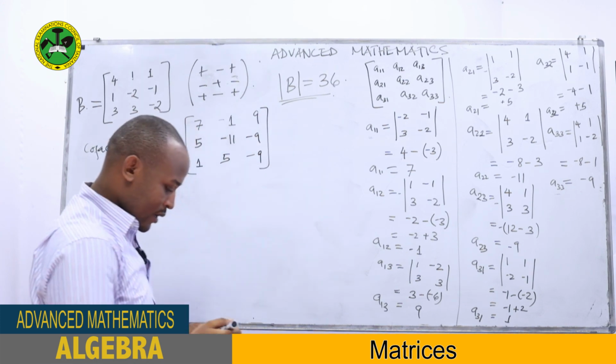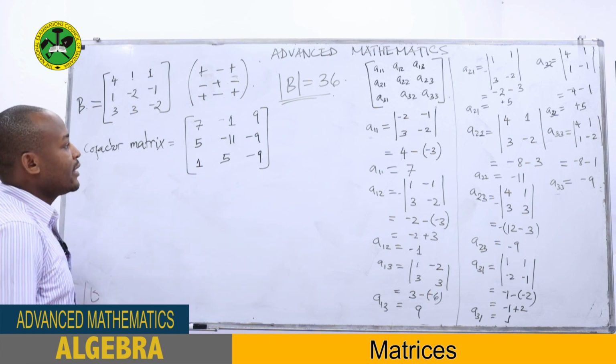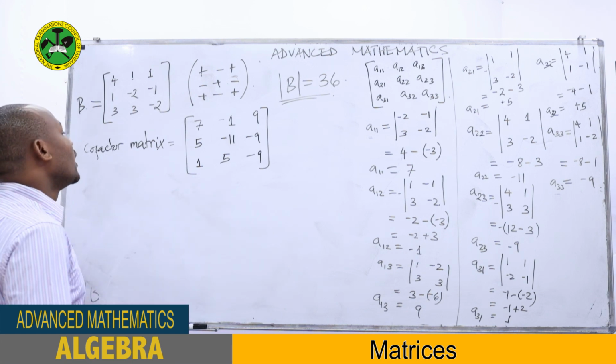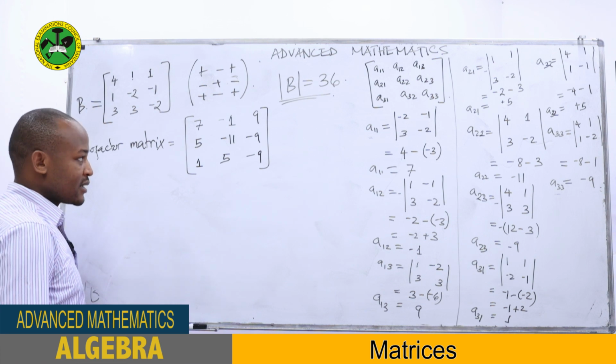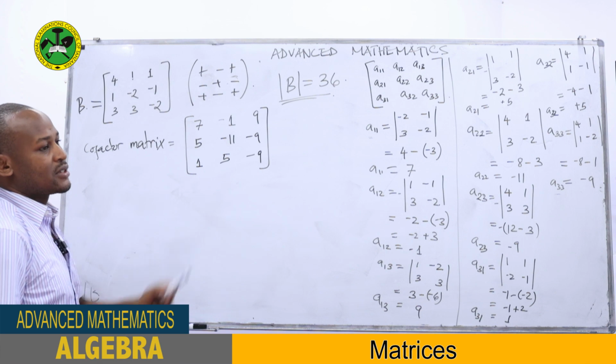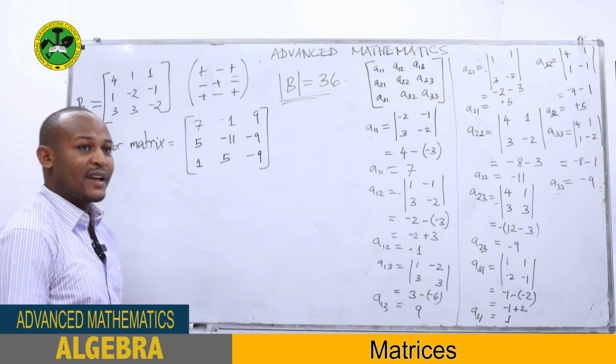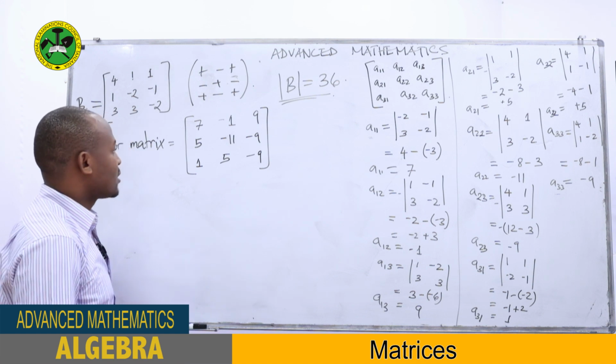-9. And the next step, after you have already found the matrix of the cofactors, is to find the adjoint matrix. And the adjoint matrix is the transpose of this matrix. And when we say transpose of this matrix, we mean the columns become the rows and the rows become the columns.